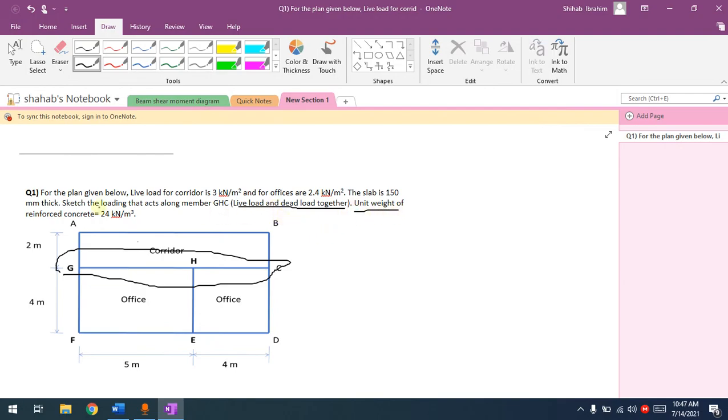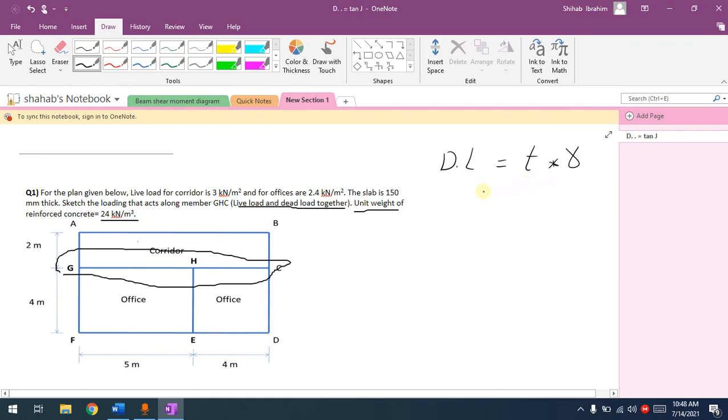Unit weight of reinforced concrete is 24 kN per meter cube. Here we need this unit weight in order to calculate the dead load of the slab, since in order to calculate dead load, we need the thickness of the slab multiplied by the unit weight of concrete.